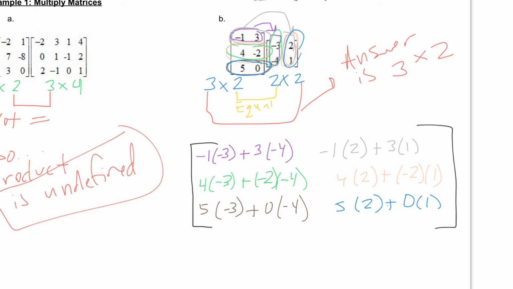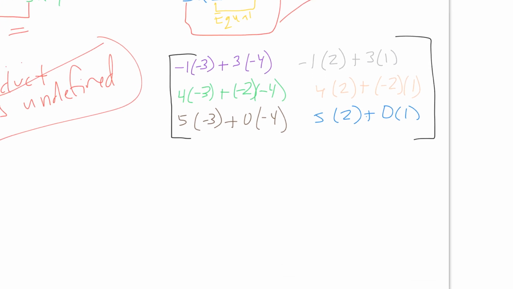Now all you have to do is simplify each part. So if we move this up a little bit, our final answer, if we take a look at this first part, -1 times -3 plus 3 times -4, will give us -9. Then if we do 4 times -3 plus -2 times -4, we get -4.